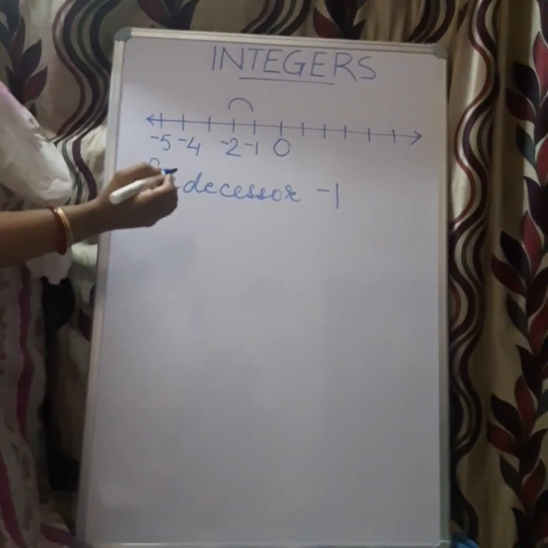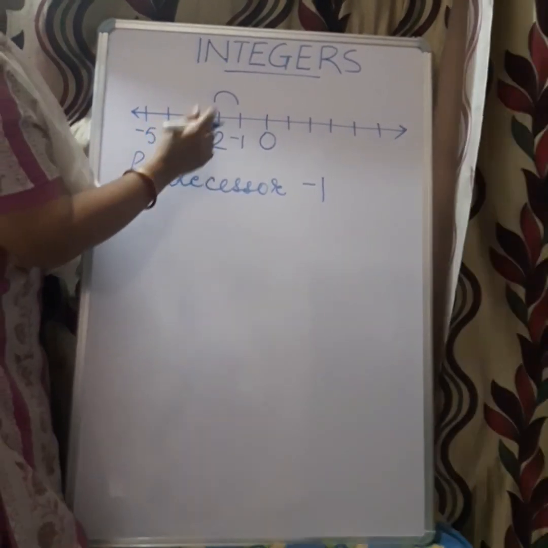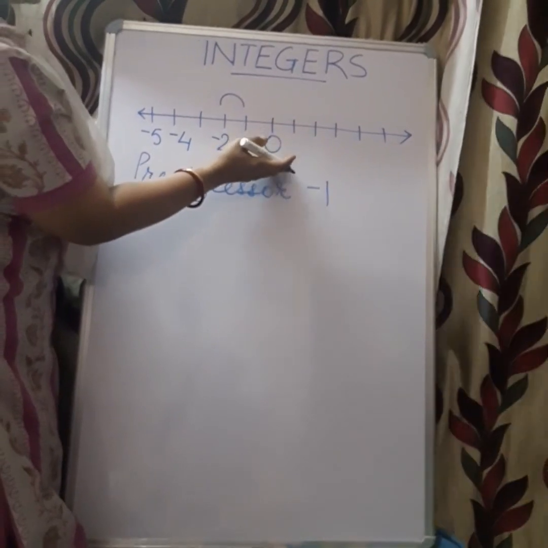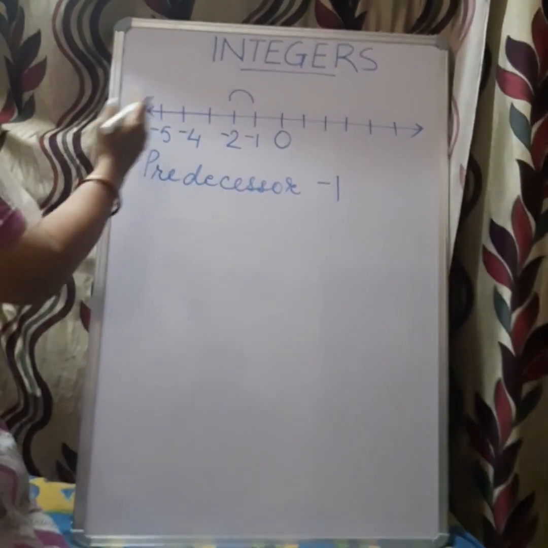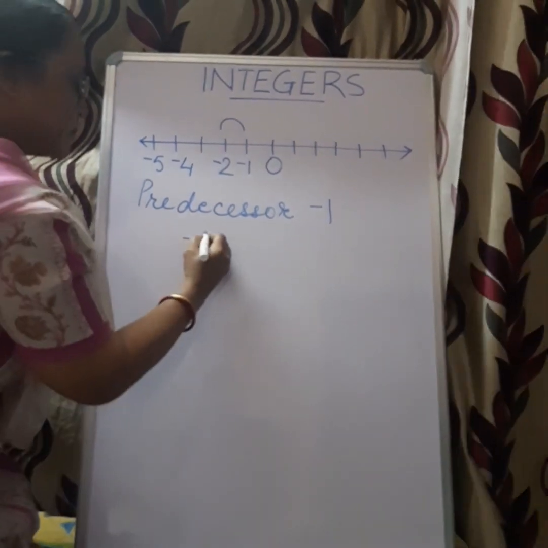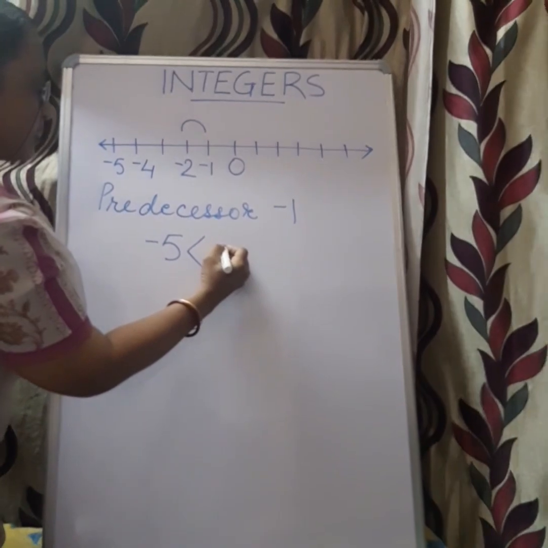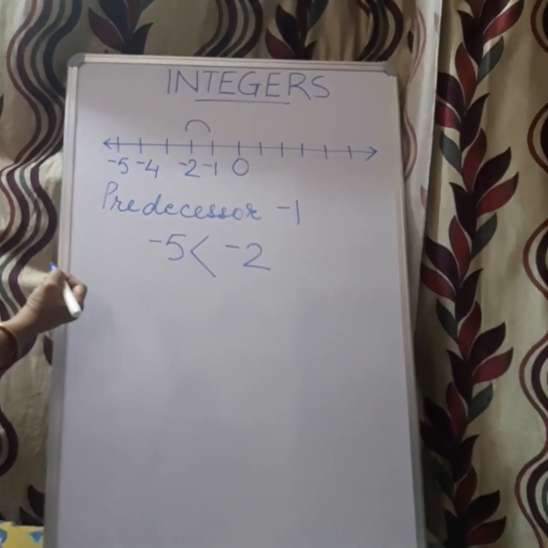So while comparing the integers, always see and view the concept of number line. Whenever you think of number line, you can easily compare the numbers. The left hand side number will be lesser than the right hand side number. So minus 5 is less than minus 2.